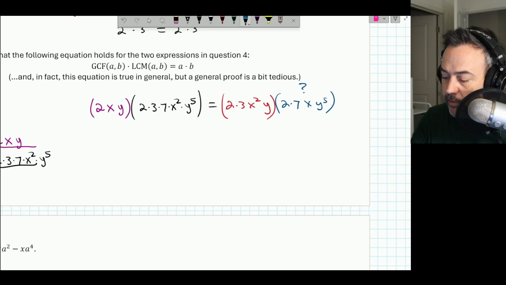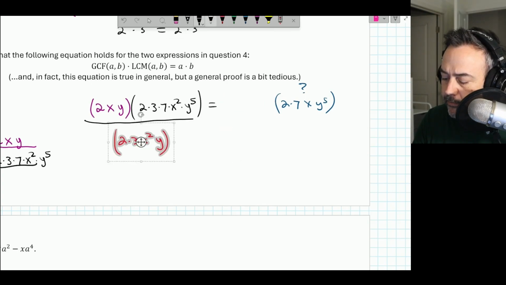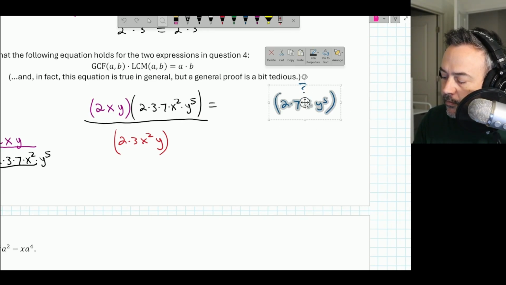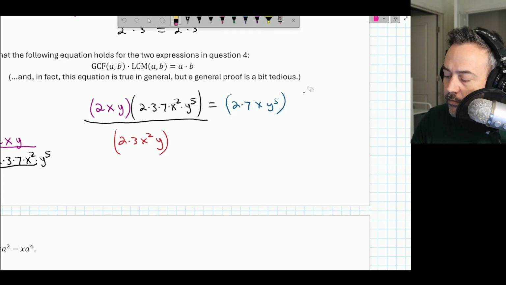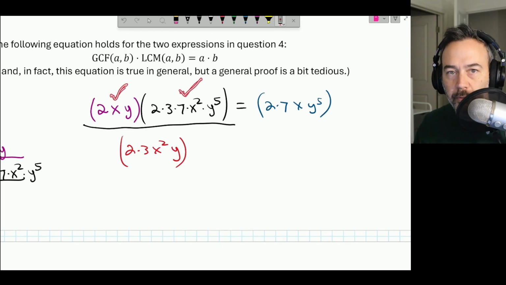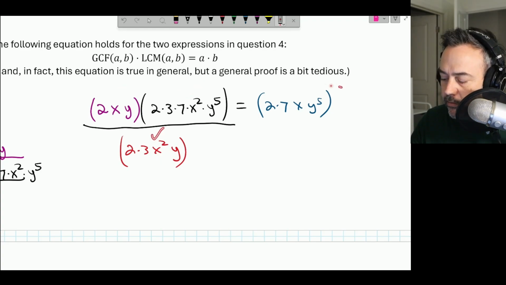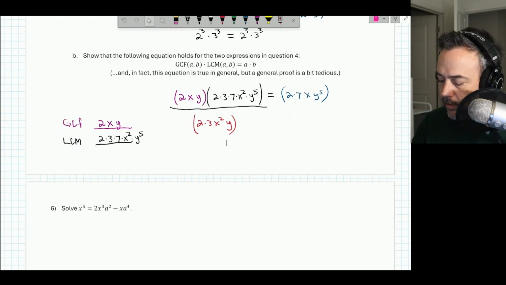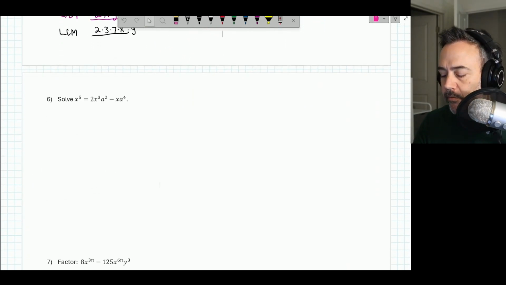Well, you can use this formula to say, cool, multiply the GCF and the LCM together, divide by the expression you do know, and it gives you the expression you don't know. Okay? Multiple ways to do those questions, so do them whatever way makes sense.